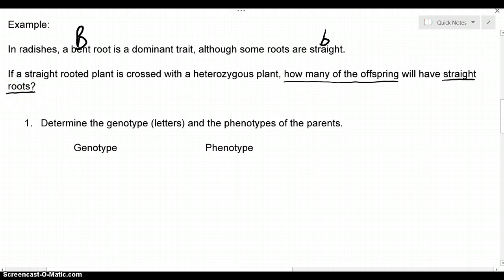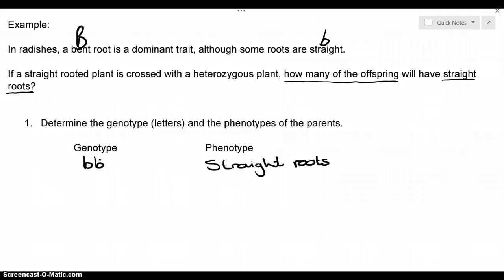Right. So we have a straight rooted plant, right? So it's straight roots. And since straight roots is recessive, we know that both alleles present in the parent must be recessive. So that's why we have got the lowercase b's there.